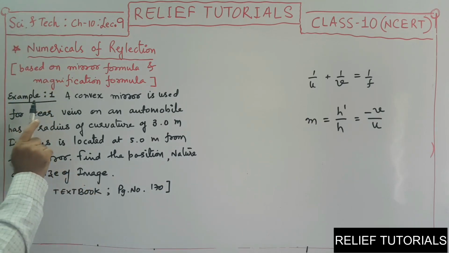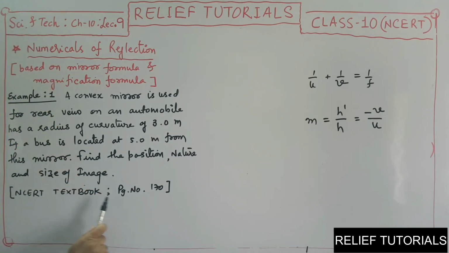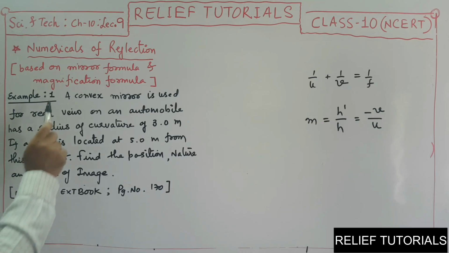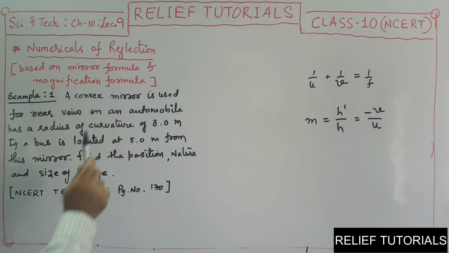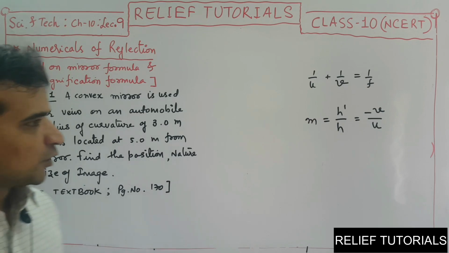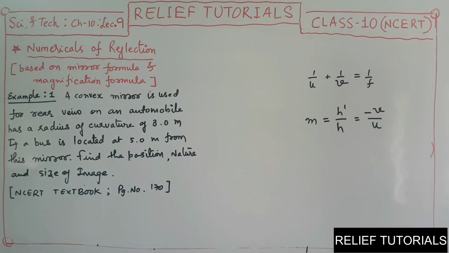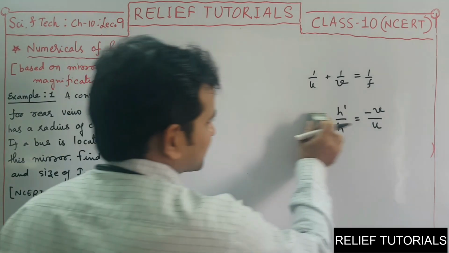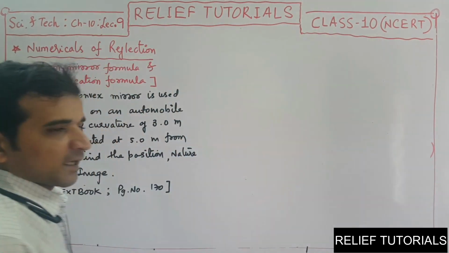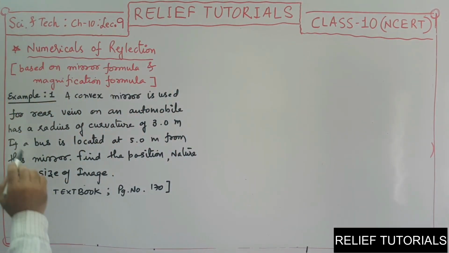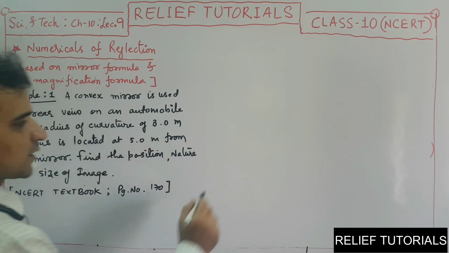This is example number 1 from the NCERT textbook, page number 170. Look at the example. A convex mirror is used for rear view in the automobile. Already we know the use of convex mirror, that it is used for the rear view in the automobile. It has a radius of curvature of 3 meter.